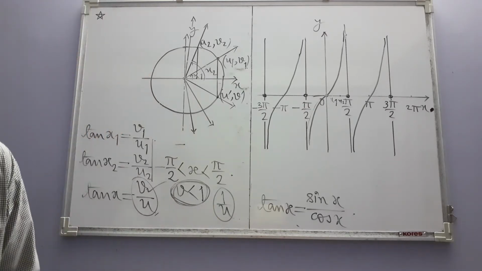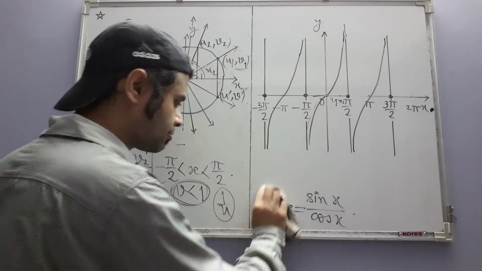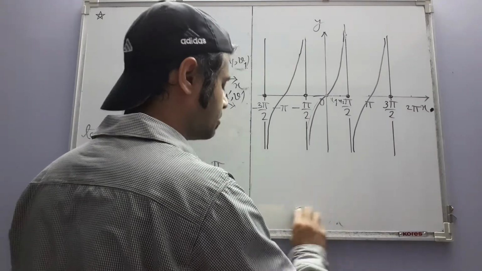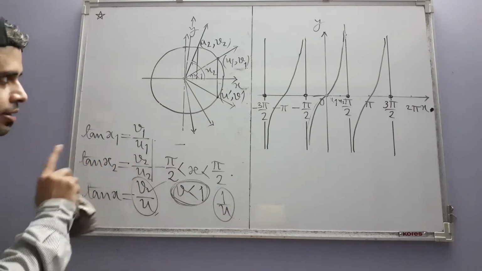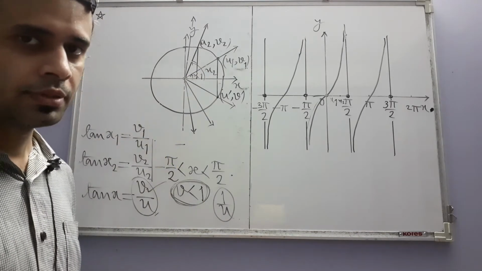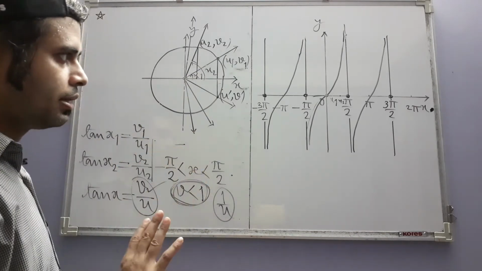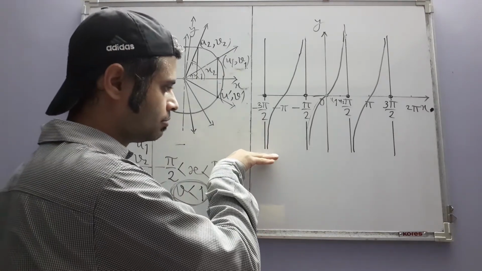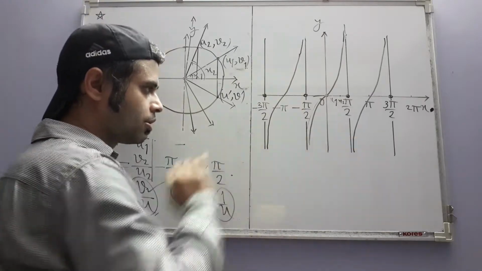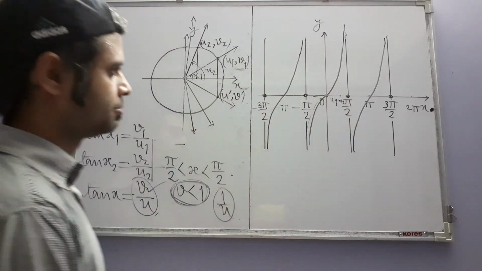Now here, unlike the sine and cosine graph, you can clearly see from the graph also and from the little analysis that we have done here, tan x is not a bounded function. Its values are not lying between, say, two horizontal lines or anything like that.